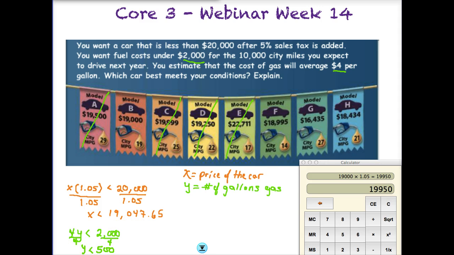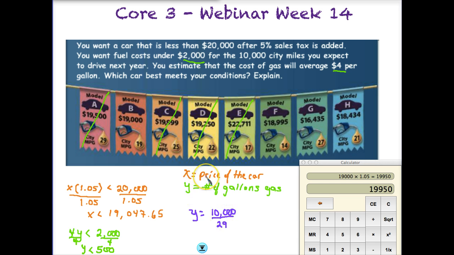Okay, so we have one more step in this to figure out how many gallons of gas that we might use. So to find y, the number of gallons of gas, we would need to take that 10,000 miles that we drive every year, and divide it by how many miles per gallon each car gets. Okay, and that is really how we're figuring out our y.